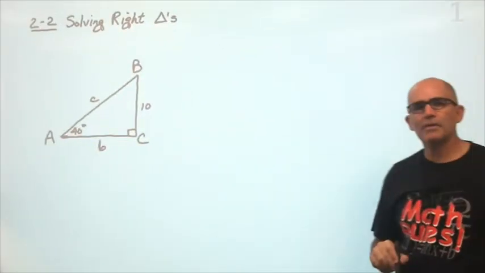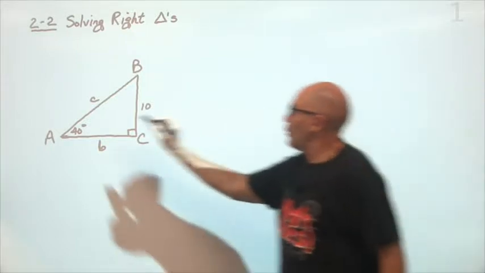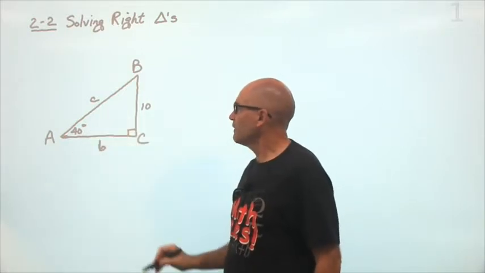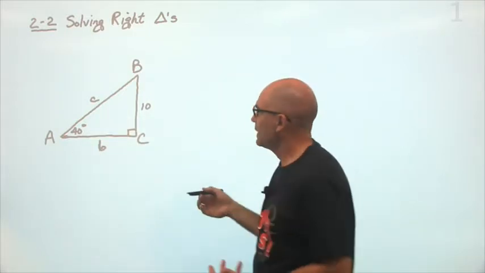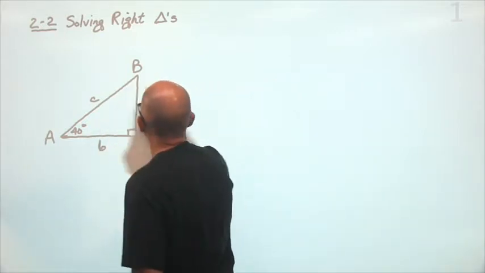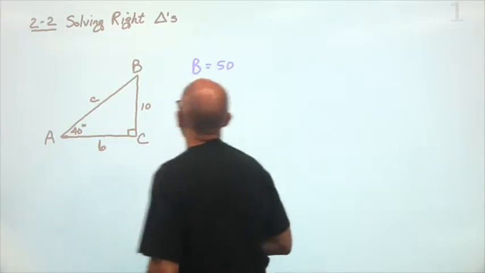Okay, let's crank up the juice just a bit now. We don't have a 30, 60, 90 anymore. The other angle is 40. Well, we still know that A and B have to add up to 90, so we know that angle B has to equal 50 in this case.